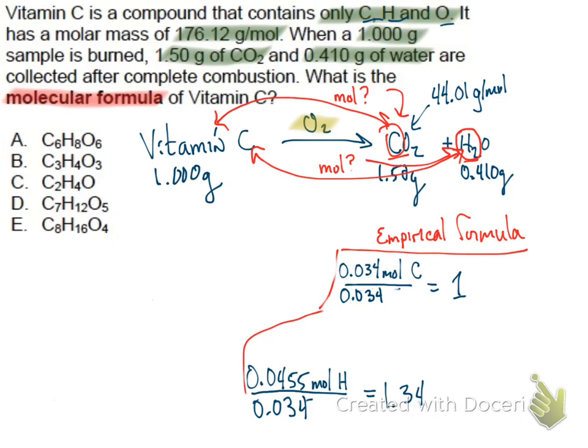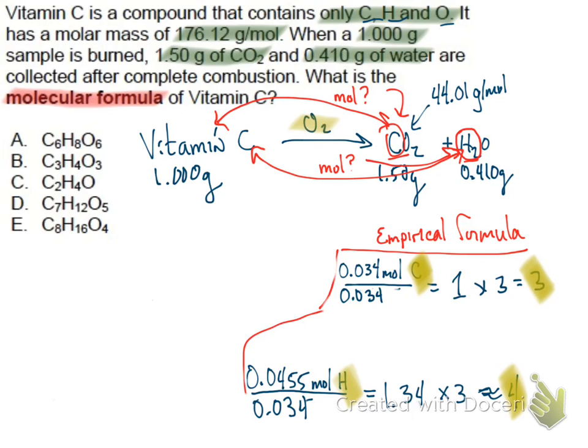Alright, the next step is to figure out how we get to the smallest whole numbers possible. For me, the easiest way to do this is to ask myself what I have to multiply by. Here I can tell that if I multiply this by 3, I'm going to end up with a value of 4, just about. Here, if I multiply by 3, I'm going to end up with a value of 3. So what's this telling us? It's telling us that for every 3 carbons, we have 4 hydrogens.